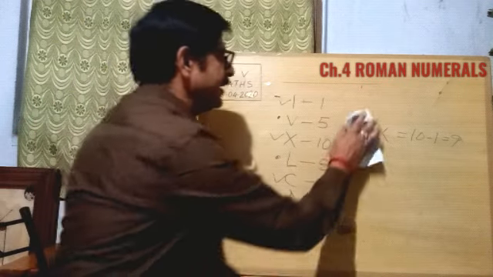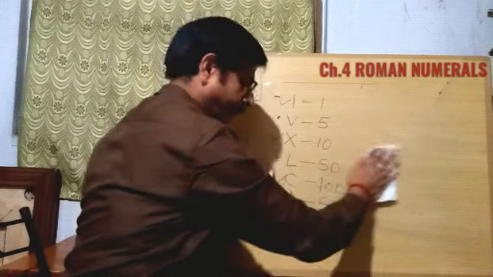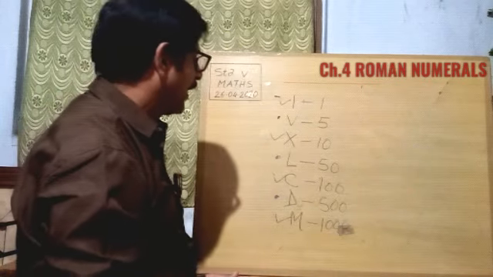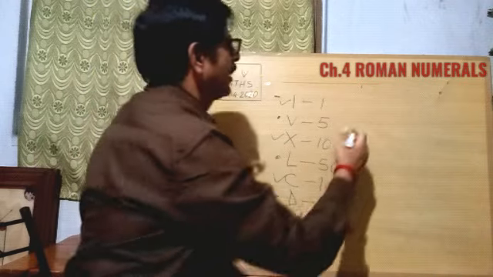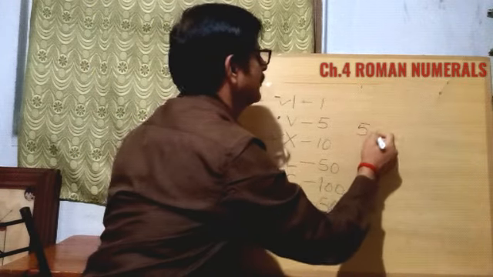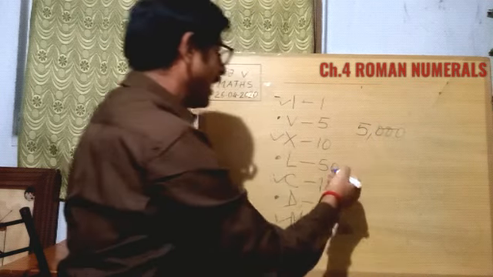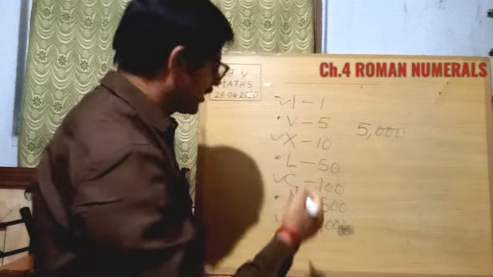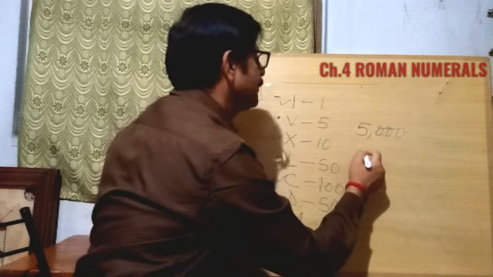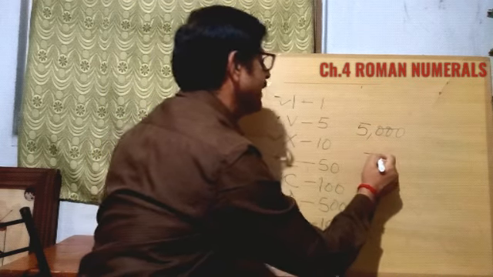Okay, next is, if you want to write 5,000, what to do? We have no symbol for that. Simply write V and put a bar over it.